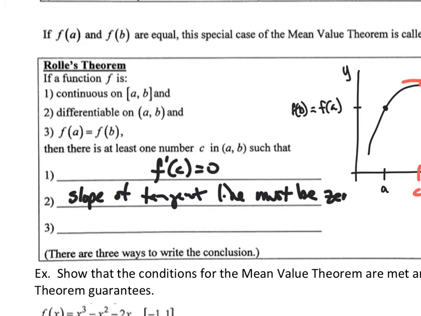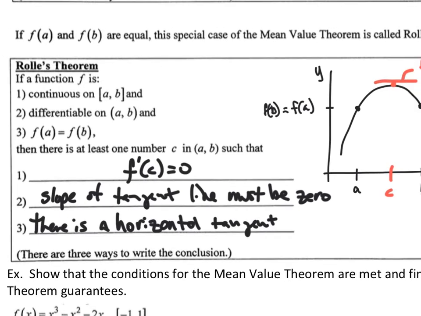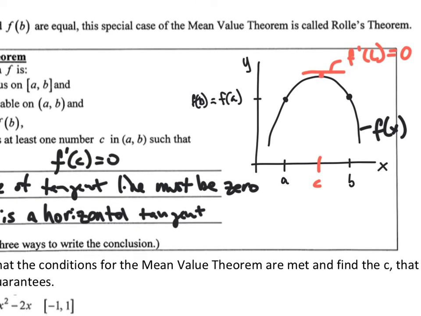The other thing we could say is that there is a horizontal tangent between any pair of roots. And this is just a special case.